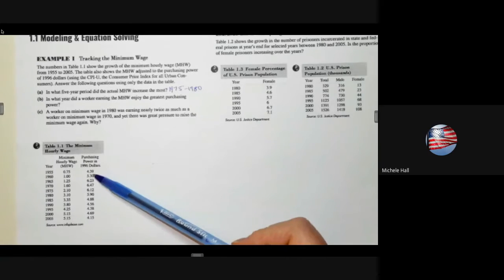In what year did a worker earning the minimum hourly wage enjoy the greatest purchasing power? Purchasing power, 1970, yes, $6.47.